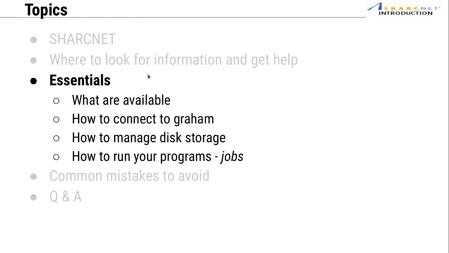We'll discuss what is available, how to connect to the system which we manage, Graham, but this applies pretty much to all other national systems, and how to manage disk storage, and very importantly, how to run your jobs.